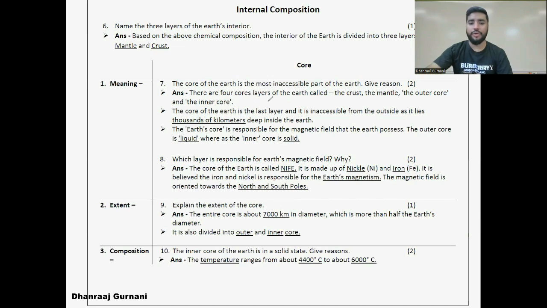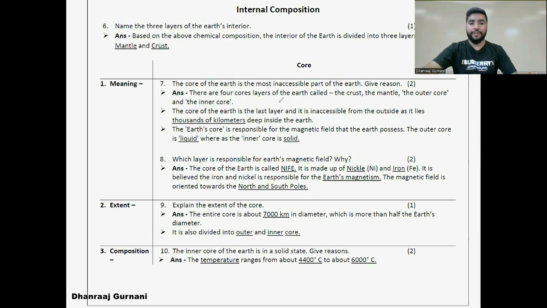There are four layers of the earth, which you've already done: the crust, the mantle, and the core, which is divided into the outer core and the inner core. These are the four main concentric layers: crust, mantle, outer core, inner core.